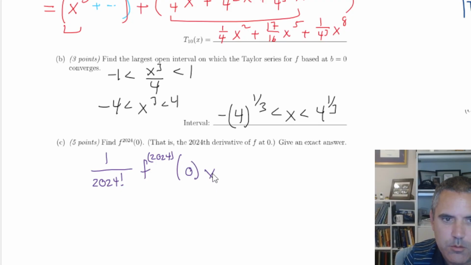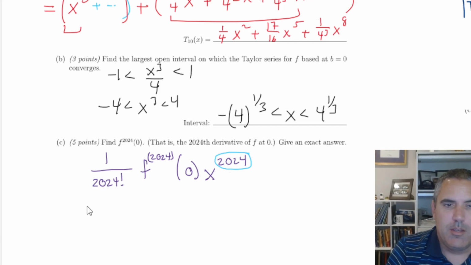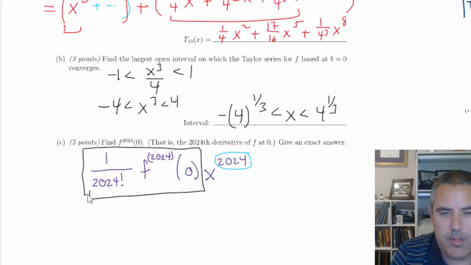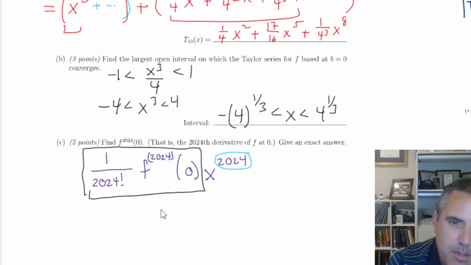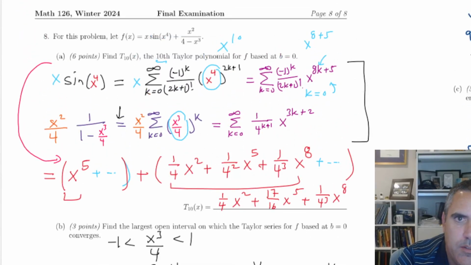It's asking if you can find the term where the exponent is 2024. This is a particularly challenging version of this question, but it's asking what is the number in this spot. And then from that, we're going to try to deduce what that derivative is. So I'm going to look back up at my pattern, and I'm going to say, do I ever get an exponent here of 2024?